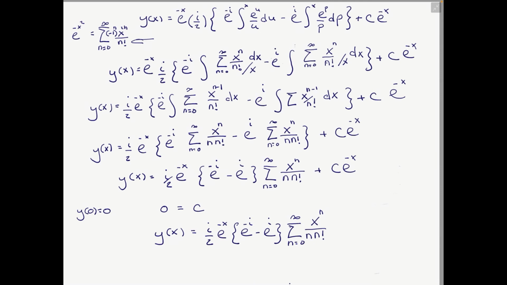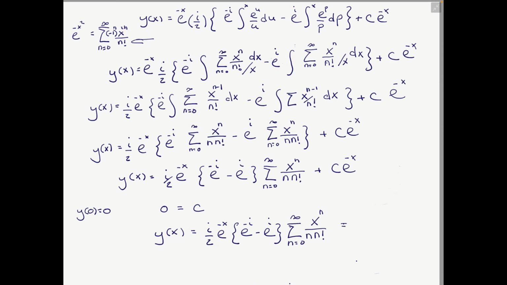And in the book, this is the solution to the integral that we had. So that's equal to... what was that integral that we started out with?